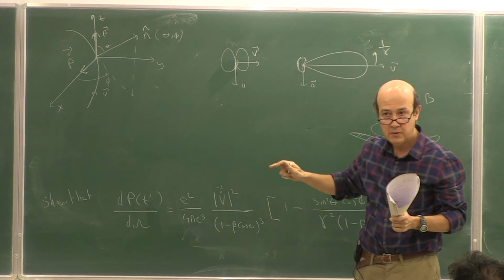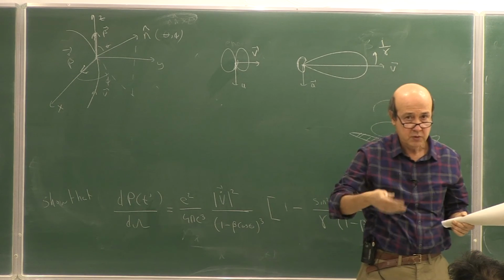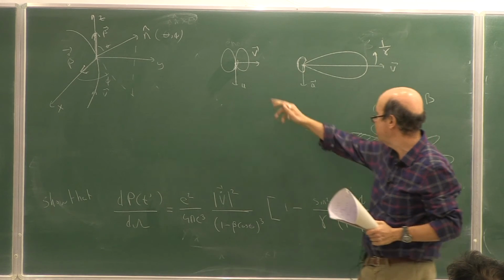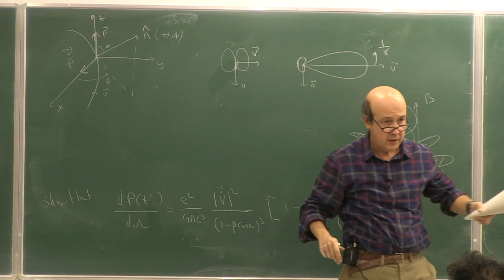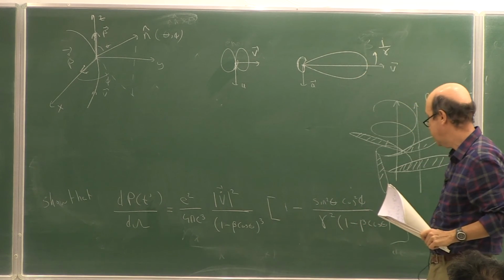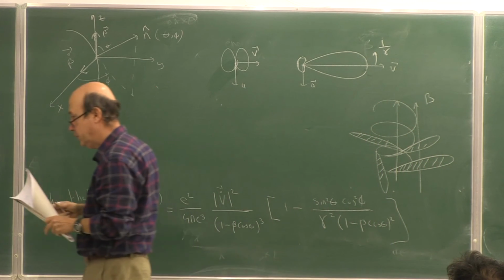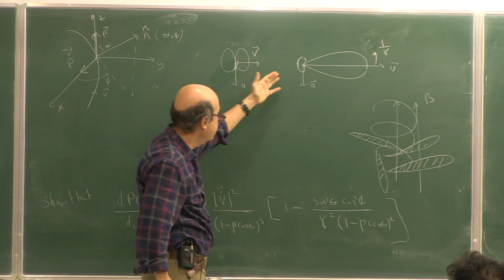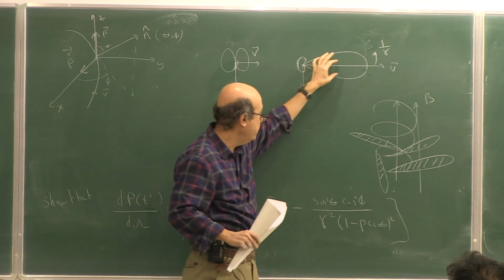In cyclotron radiation, the velocity and the acceleration are perpendicular to each other, and the emission pattern is like this. If it is non-relativistic, it is something like this, but if it is relativistic, it emits purely in the forward direction.